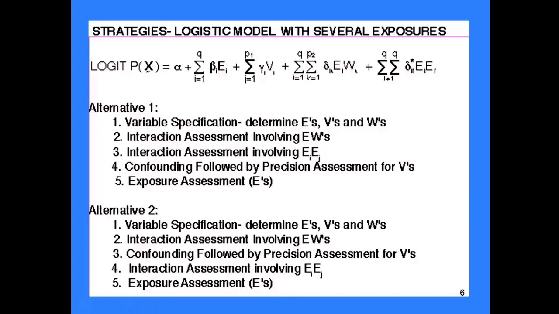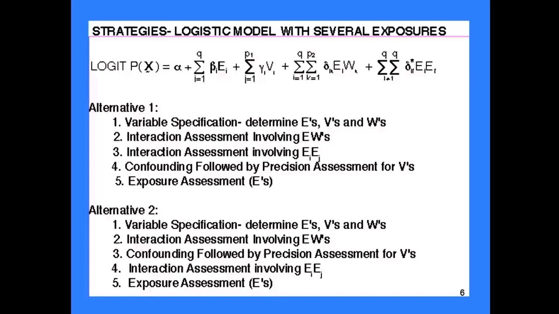Well, what about step 3 here? What about that one? What does that say? That deals with confounding before you deal with the interaction among the E's. That says, look, I don't want to touch the E's until I deal with confounding about the V's, because the E's are my main variables of interest.